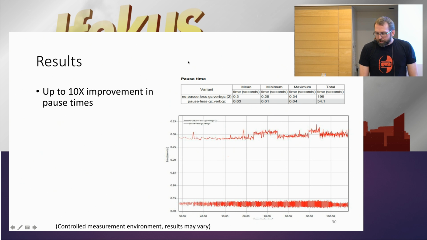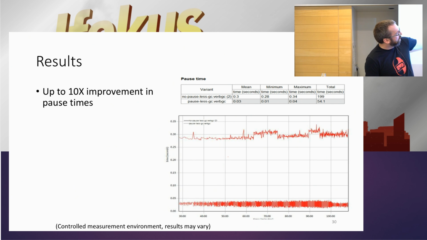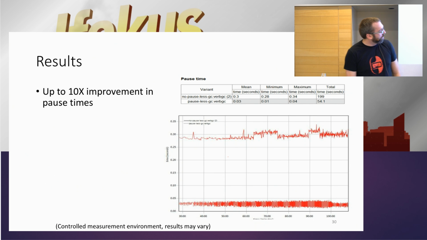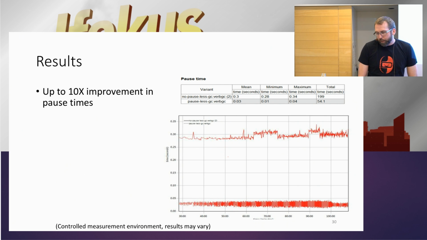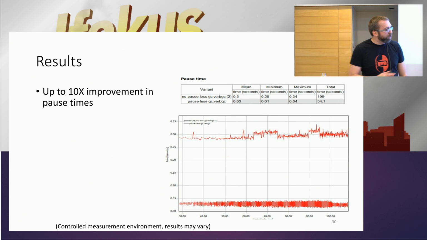This chart shows the GC pauses for both of those runs. They're both in red, I apologize. The top line is from the default collector and the bottom line is with concurrent scavenger enabled. With the default collector, it was averaging about 30 milliseconds per pause, and we were down to 3 milliseconds average pause with this collector.